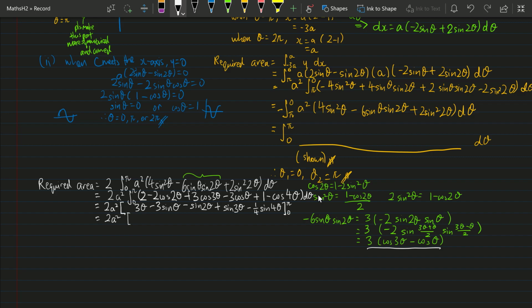So sine 4 pi, integer multiple of pi, is just 0. So okay lah, they're not that evil. And then if you sub in 0 here, sine 0 is still 0. Ta-da! So the exact final answer will be 6 a square pi units squared.